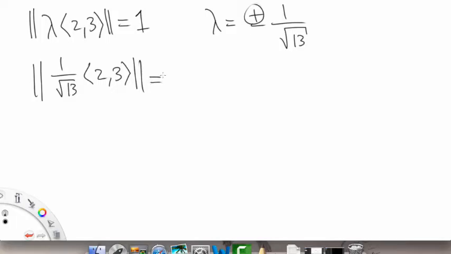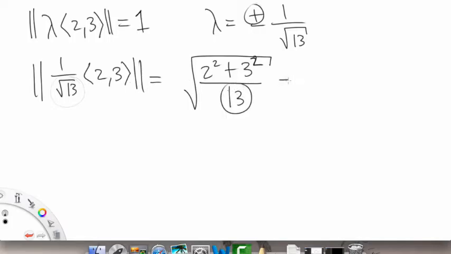If we take the magnitude, we get the square root of 2 squared plus 3 squared over 13. Because we have the 13 on the inside, that becomes squared, so it just becomes a normal 13. Then we have 13 over 13, and the square root of that is just going to be 1.